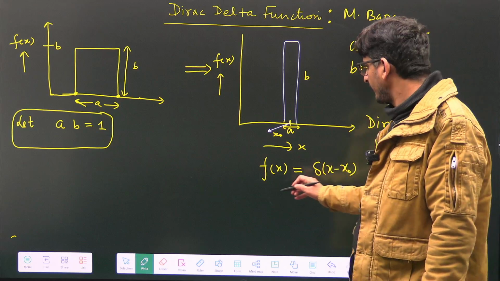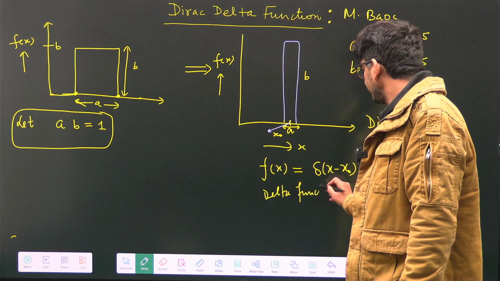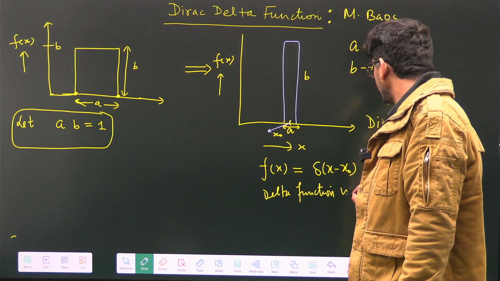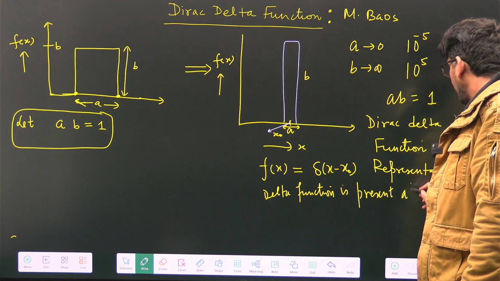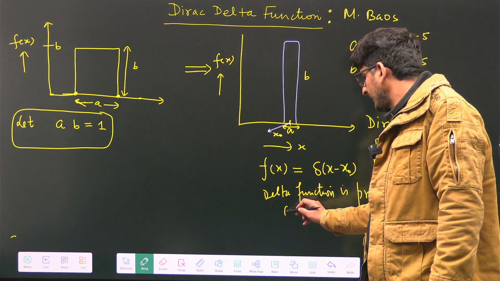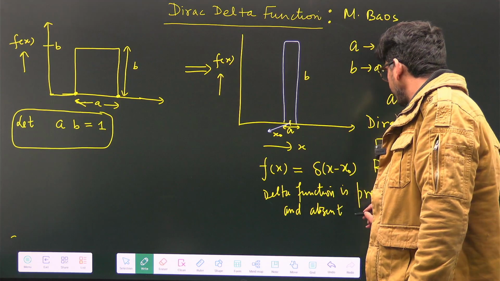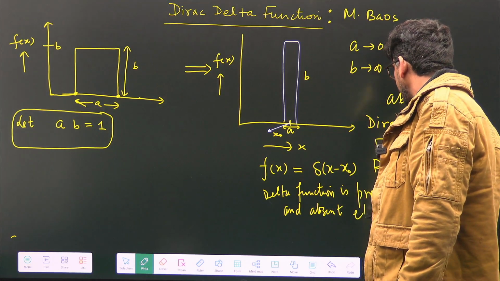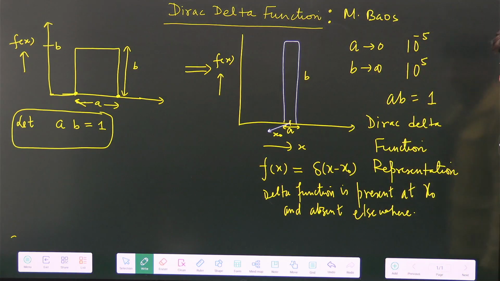So the delta function is present at x naught and it is absent elsewhere.